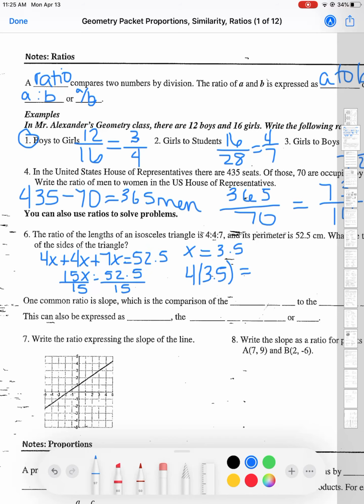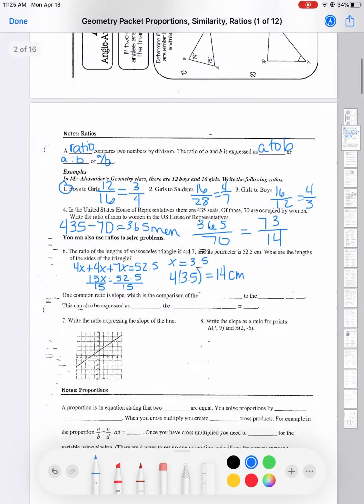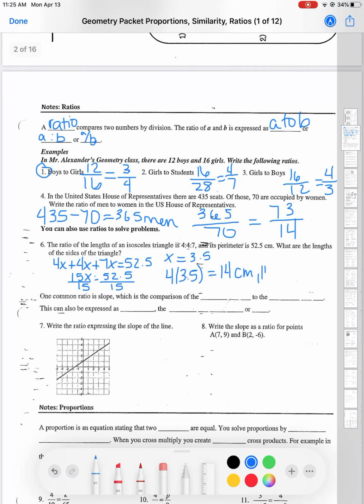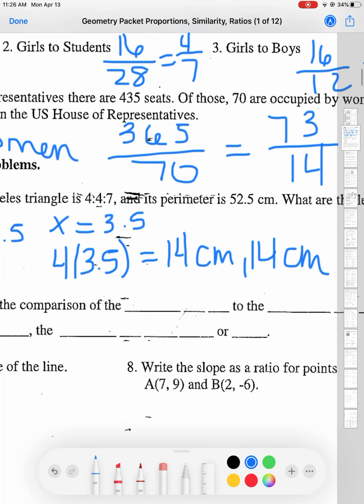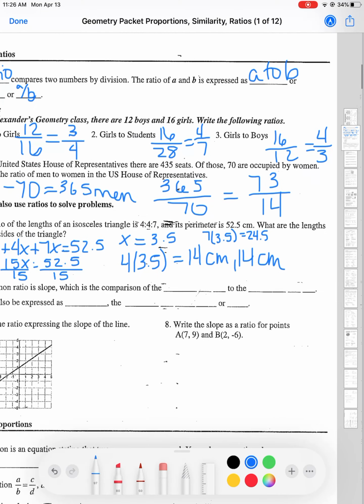So we have two sides that are the same. So we're going to multiply by 4 to find those two sides. So two of the sides are 14 centimeters. And then to find the other side, we're going to multiply by 7, which is going to give us 24.5 centimeters.